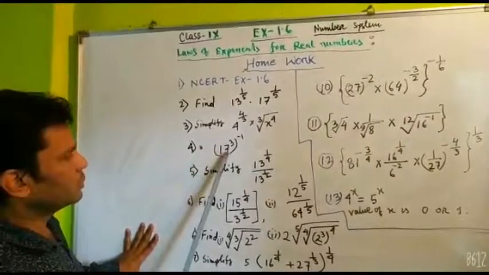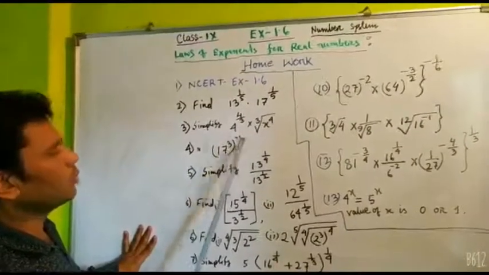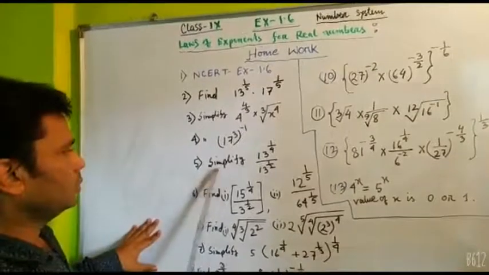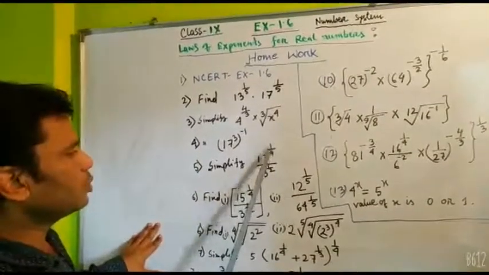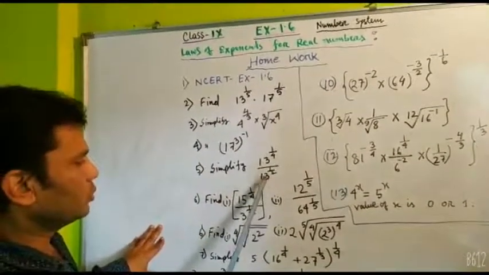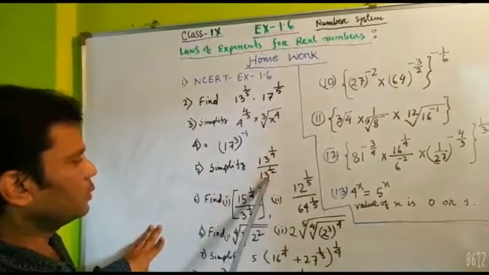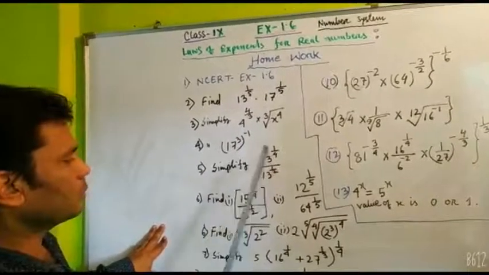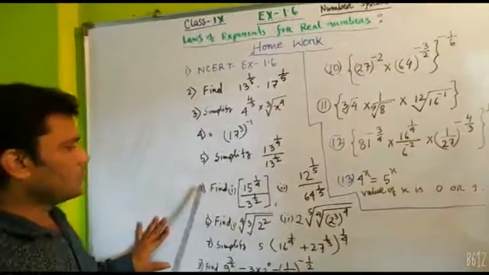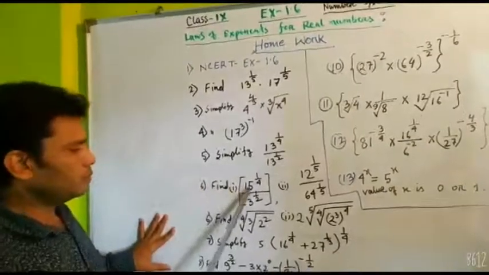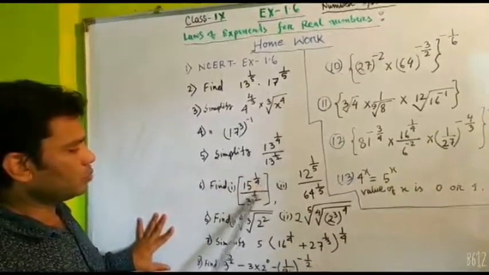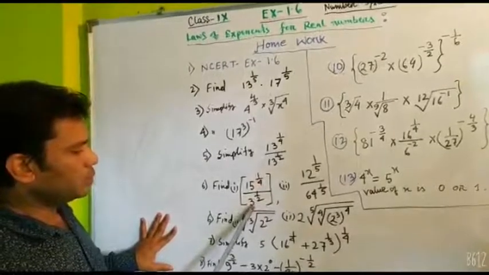Simplify 13 to the power 1 by 4 divided by 13 to the power 1 by 2. Find the value: 15 to the power 1 by 4 divided by 3 to the power half, 12 to the power 1 by 5 divided by 16 to the power 1 by 5.